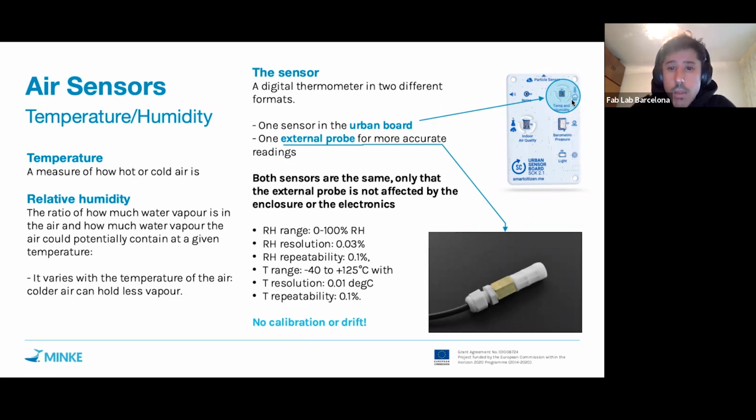And for some of you, you also have requested external temperature probes for measuring more accurately, which is this little probe that you see in the picture right here.